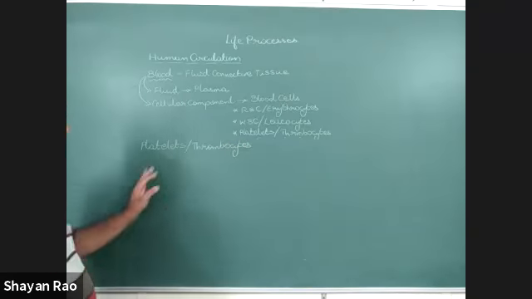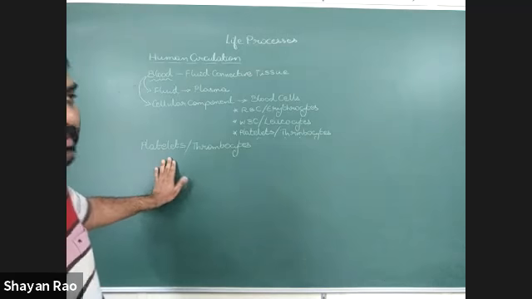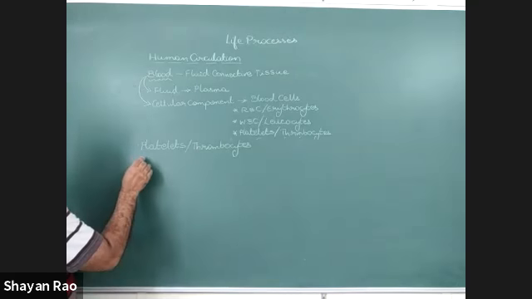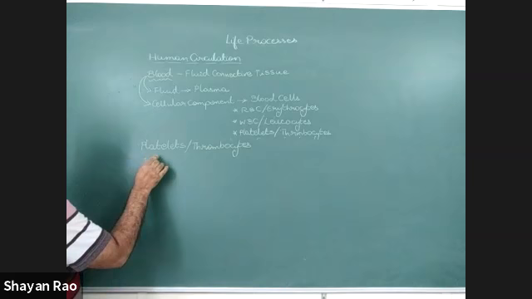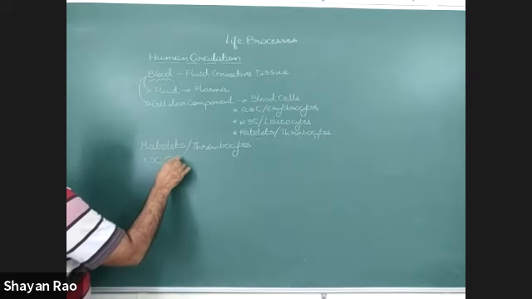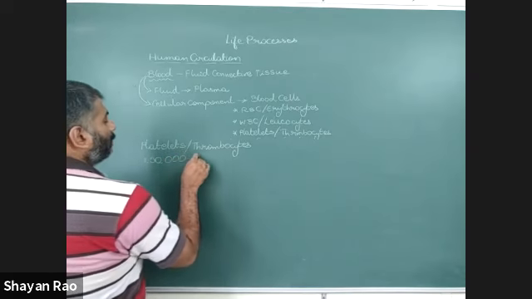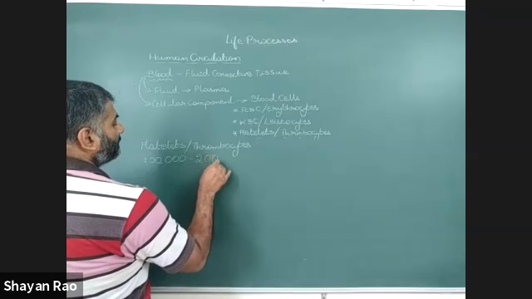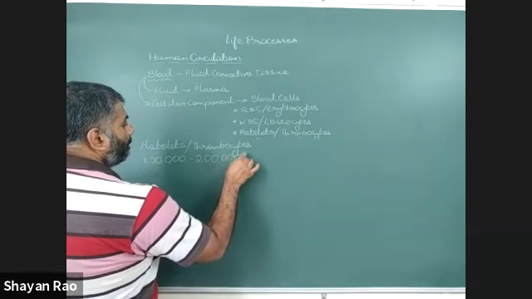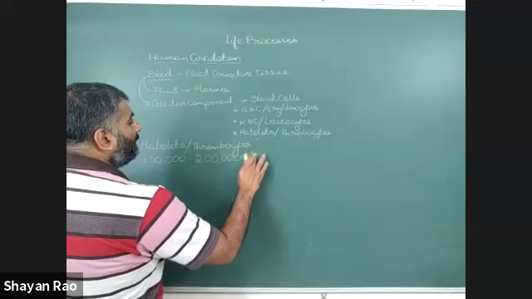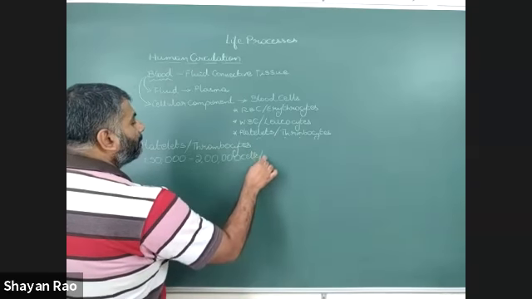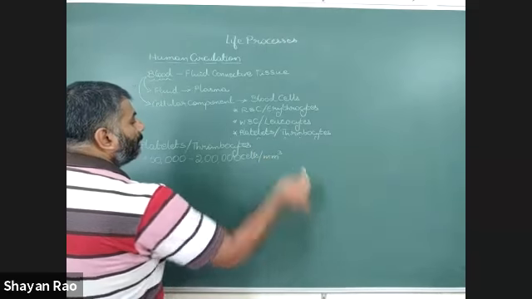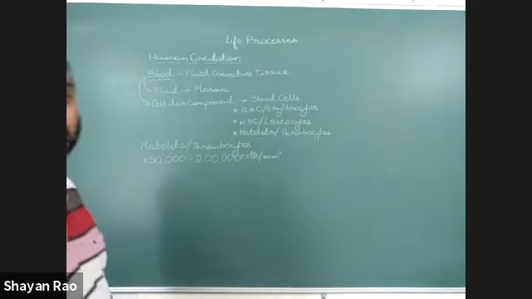Now, these platelets or thrombocytes range approximately from 150,000 to 2 lakh cells per millimeter cube of blood.